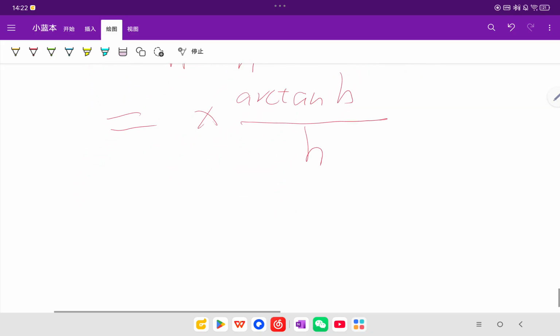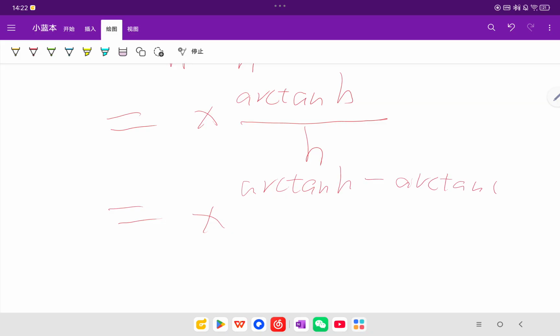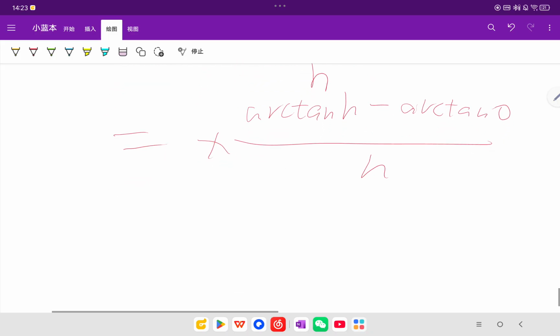And since arctan 0 is 0, it equals x times arctan h minus arctan 0 divided by h. And we recognize that as h tends to 0, this is directly the definition of the derivative.